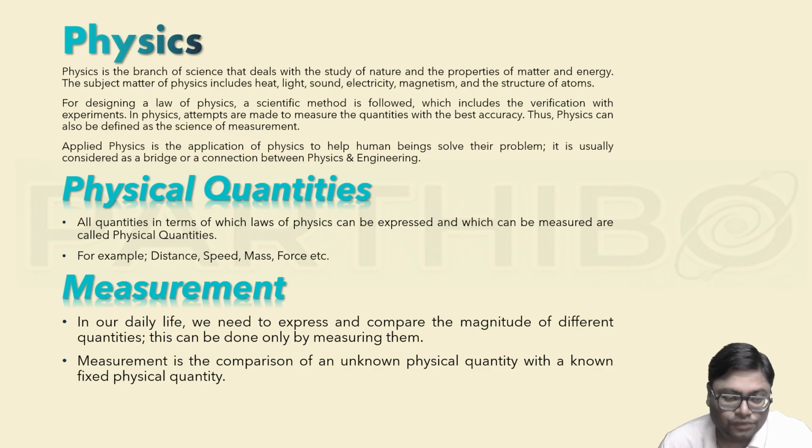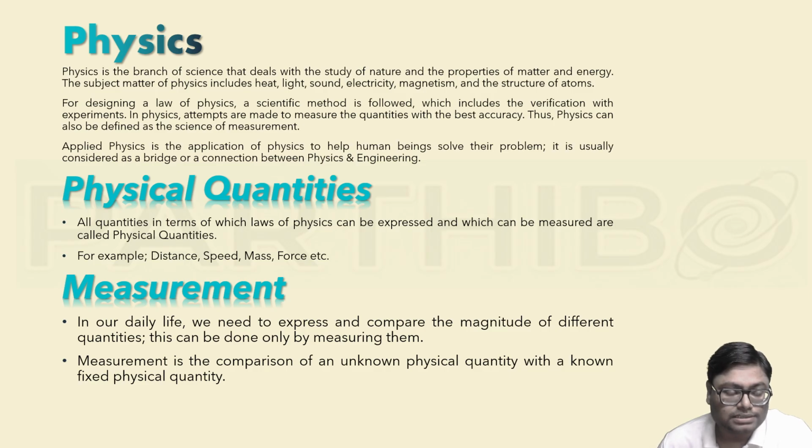So now we get a logical base for our hypothesis. If our hypothesis is true, it is proven in the experiment. If it is wrong, that is also proven through the experiment, and from there we get a conclusion. That's how the scientific method works.